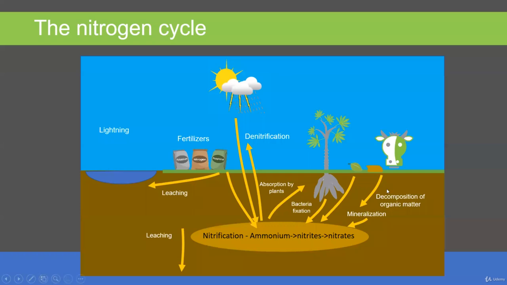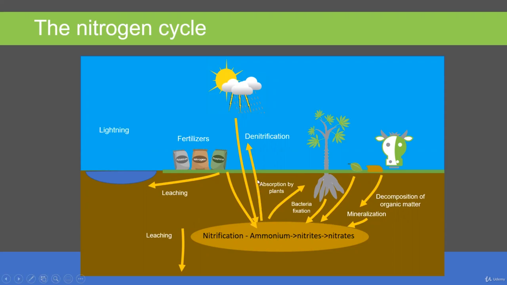Organic matter in the soil is mineralized also to these forms. Ammonium to nitrates is also a process that is done by bacteria. And as we mentioned, ammonium and nitrates are absorbed by plants.